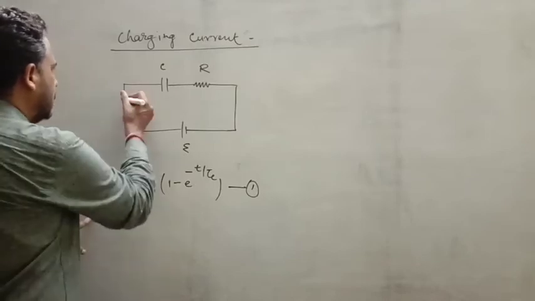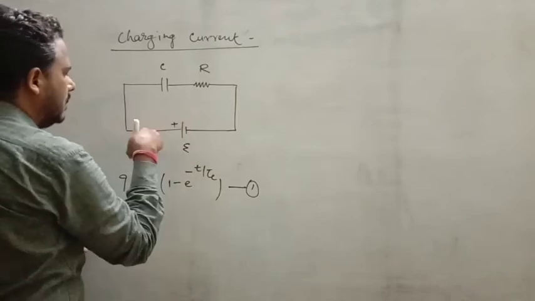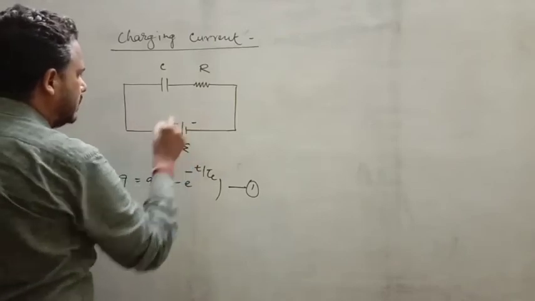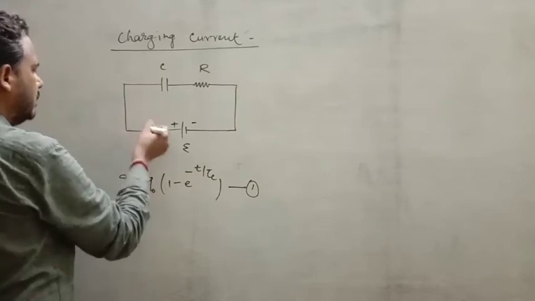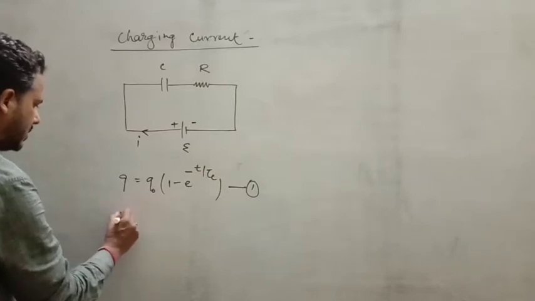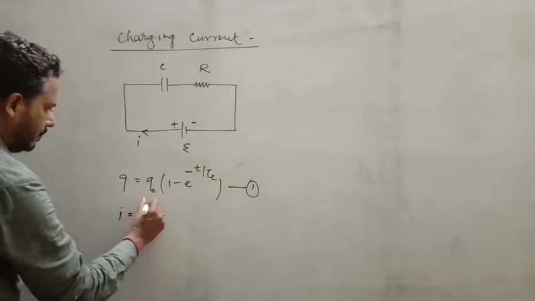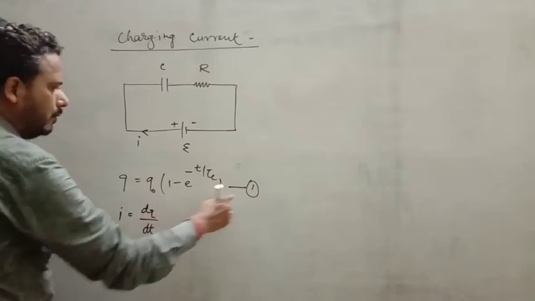Initially, at the time of charging, because this one is the positive terminal and this one is the negative terminal, the current will flow in this direction, and suppose it is I. Use the equation I is equal to dq by dt. Now put the value of q from this equation.